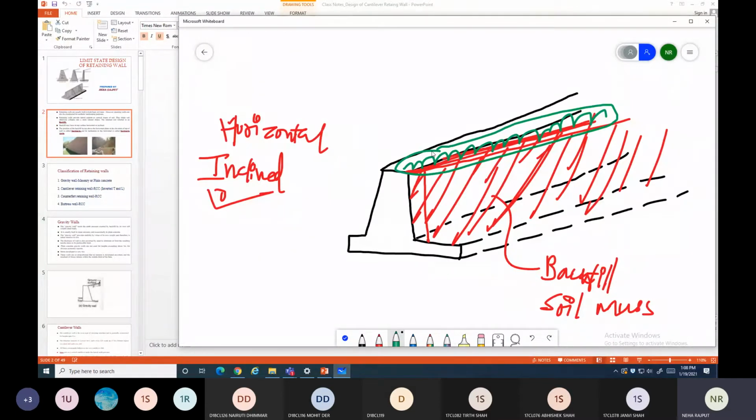That other load may be some construction, some walking path, some plants, or other amenities which are provided. So that will give additional load other than the backfill. That load is known as the surcharge load.